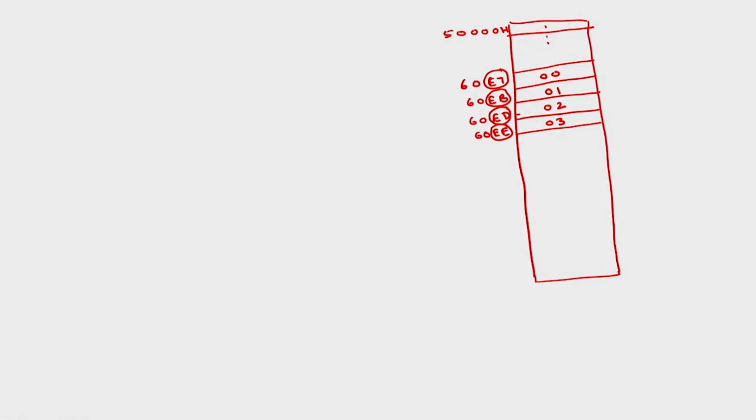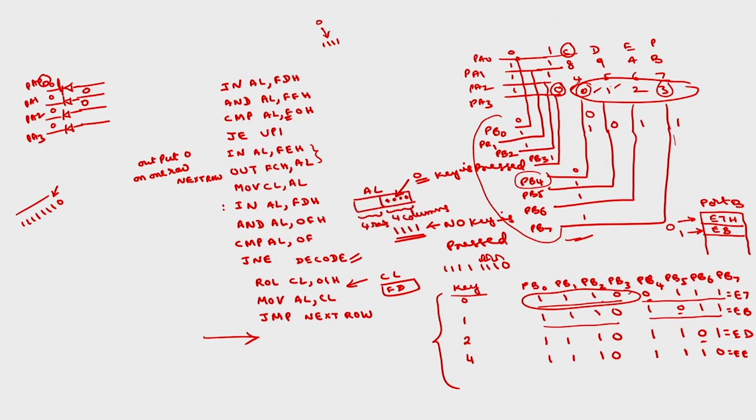Finally I want to read this data into accumulator AL. Similarly, the code corresponding to 4 will be, for 4, PB2 should be 0, and the remaining should all be 1s. So 4 is here, this bit should be 0, and the remaining will be 1s.